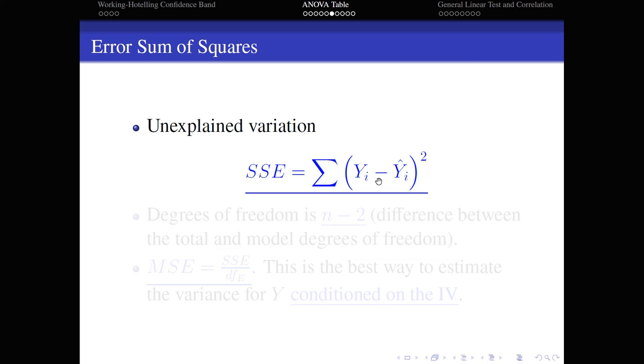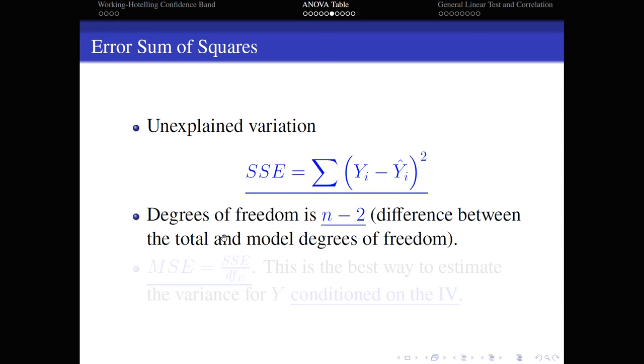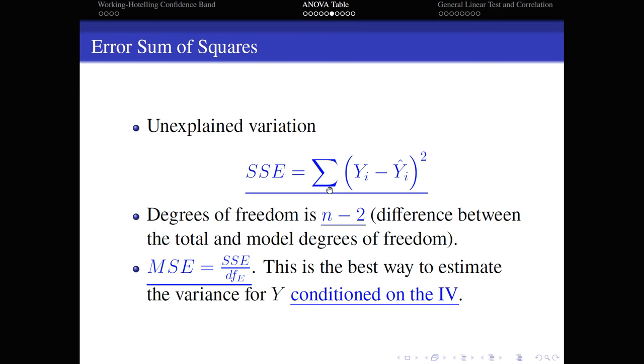This is unexplained variation. This degrees of freedom is the difference between the total and the model degrees of freedom. So the total degrees of freedom is n minus 1, and then we subtract out the additional degrees of freedom taken up by the model. In this case, that's 1. So n minus 1 minus 1 gives us n minus 2, and that's the degrees of freedom we have left over for our sums of squares of error.